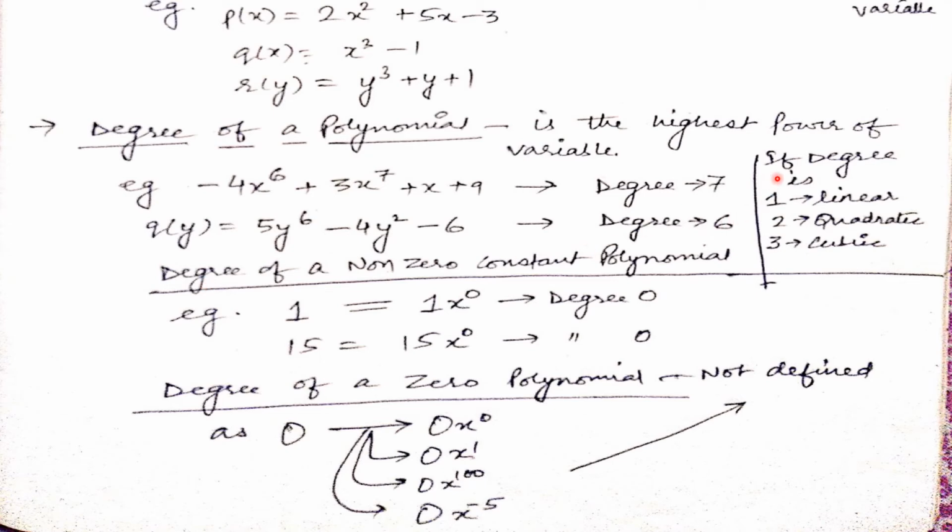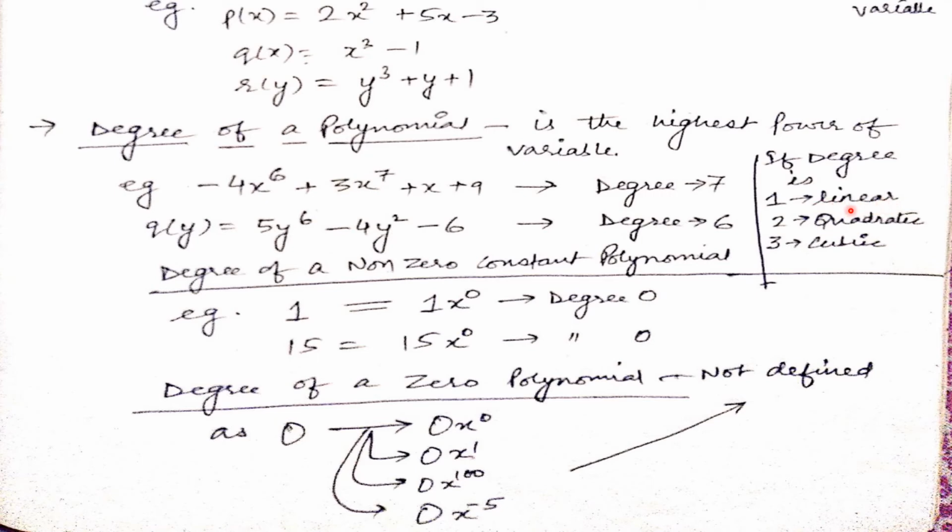Okay. If the degree is 1, that means the maximum power of the variable is 1. You must remember and you must rethink about it. We have studied equations like this: x plus 3, x plus 2. All these equations are known as linear equations. They are all equations of a line.